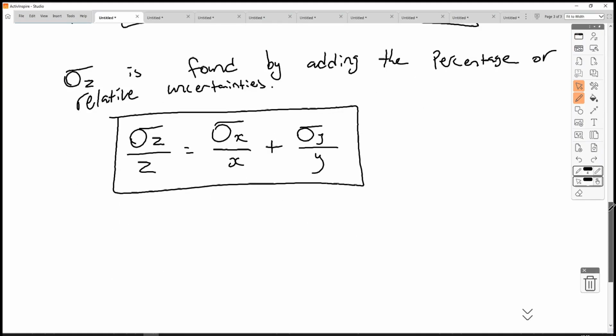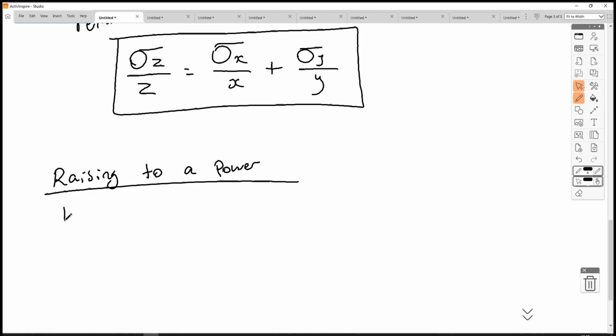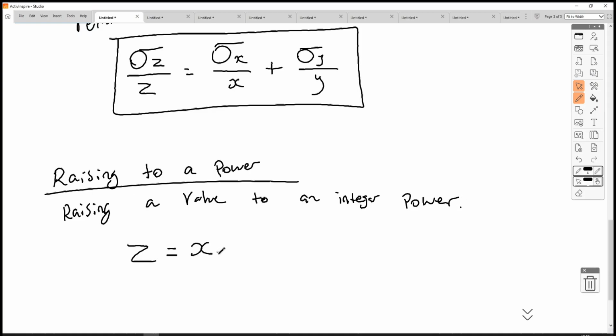Now if we raise to the power, so let's do raising to the power. Now this is raising a value to an integer power, so we can say that z equals x to the power of n.